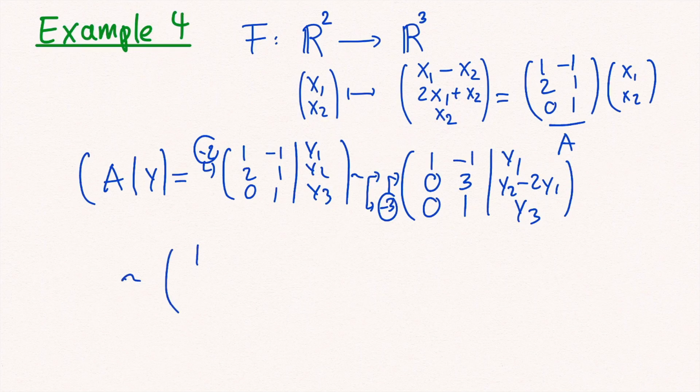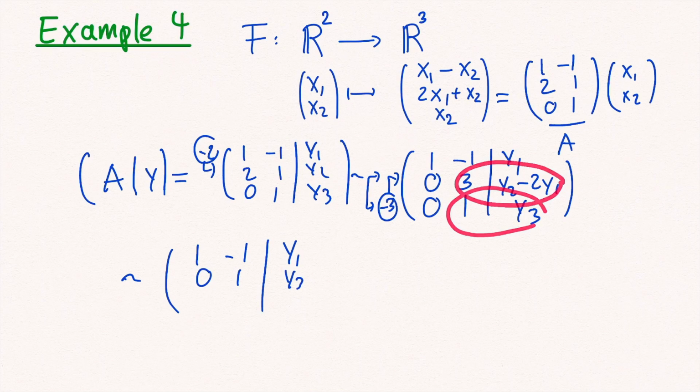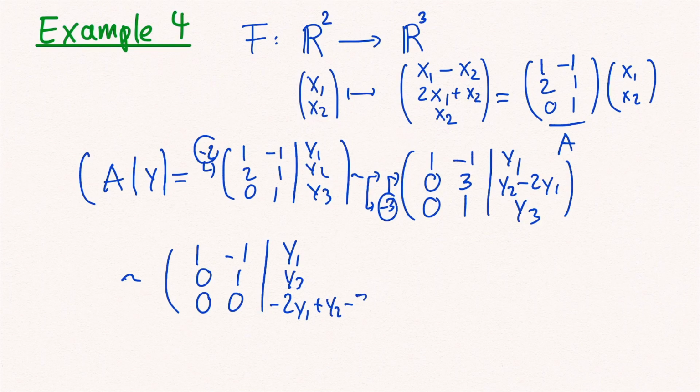So the first row is still the same. The second row and the end will be this here, so 0, 1, y3. And if I subtract this here 3 times from there, then here I will get a 0. So here we have a 0 row. And here I get, let's write it like this, minus 2 times y1 plus y2 minus 3 times y3.